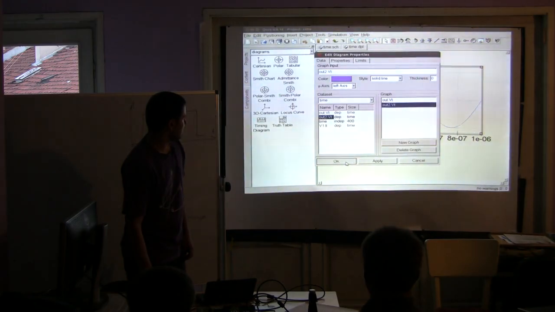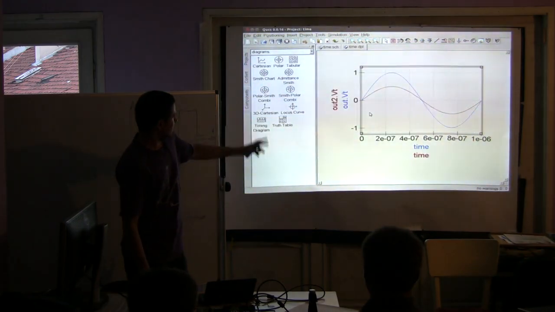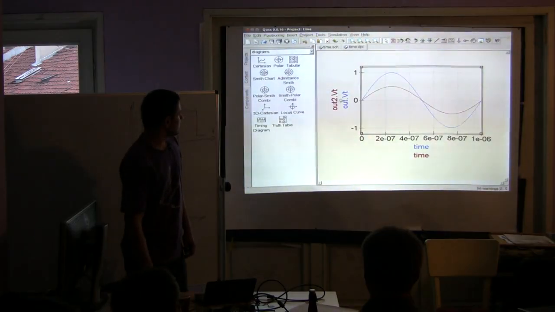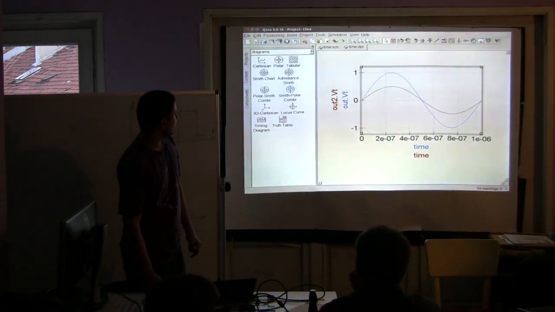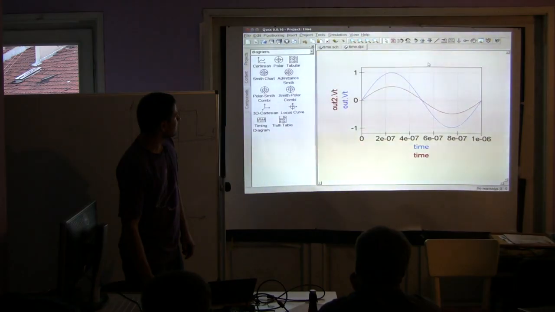You see that between the input and the output in the time domain there is a voltage difference. If we place here a measurement marker, we can measure the voltage.